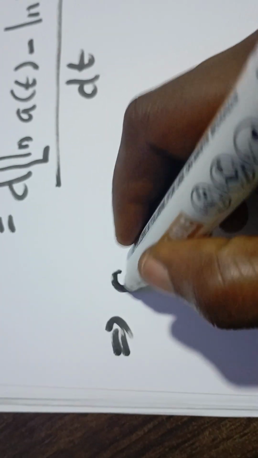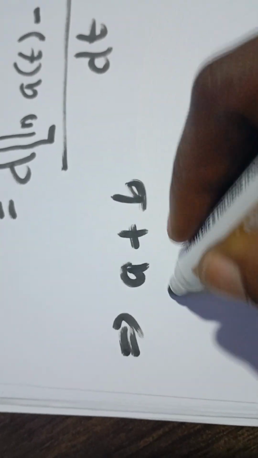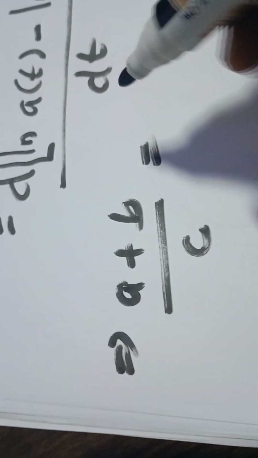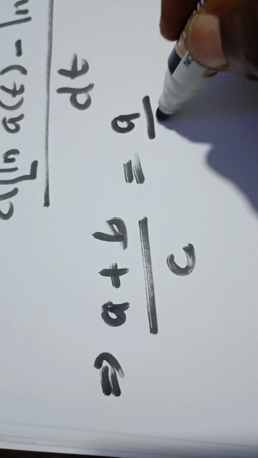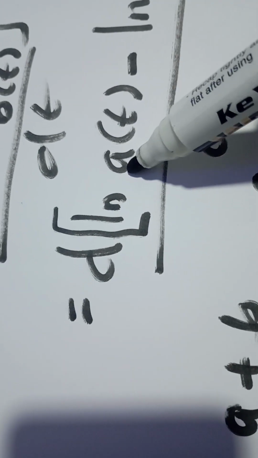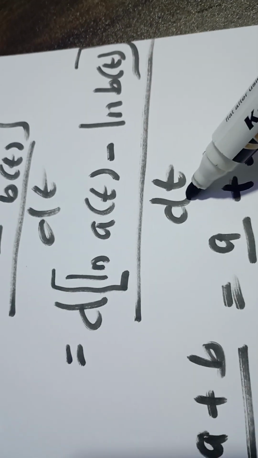Now also let's borrow a concept in mathematics. If I have (a plus b) over c, I can distribute this by saying a over c plus b over c. So let's come back to this point. These two terms are divided by t, so we can distribute that.